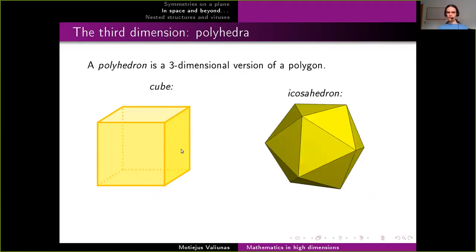Another example of a polyhedron that I wanted to tell you about is an icosahedron. This is a bit more complicated. It has 20 triangular faces arranged in this way. And again, it has various symmetries. For instance, you can pick 2 of these triangular faces and just rotate around them by 120 degrees.